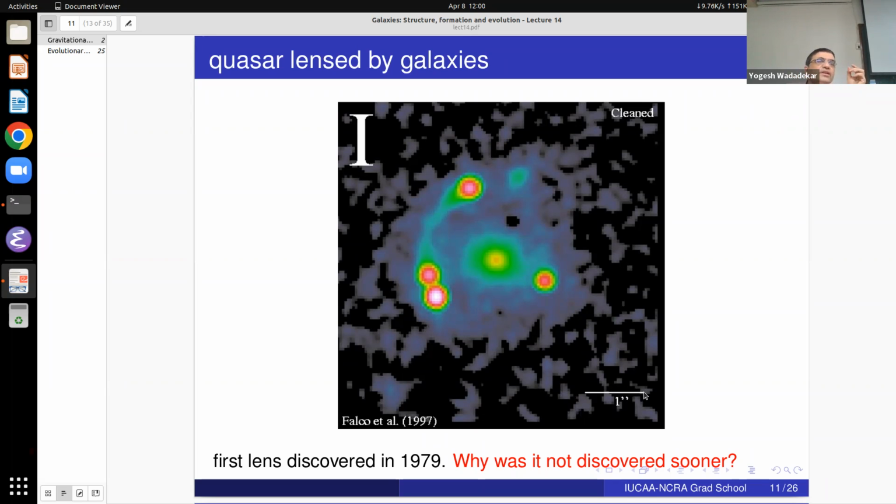Until your resolution improves to the level where it is much better than 1 arcsecond... 1 arcsecond is the typical seeing that you get in this kind of telescope. Not this particular image, but this one was done with adaptive optics. So the best way that we have now to do it is to do wavefront correction of the incoming light, or go to the Hubble, and I'll show you examples of lenses discovered with Hubble.